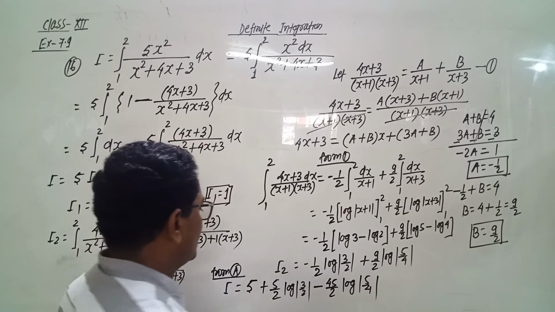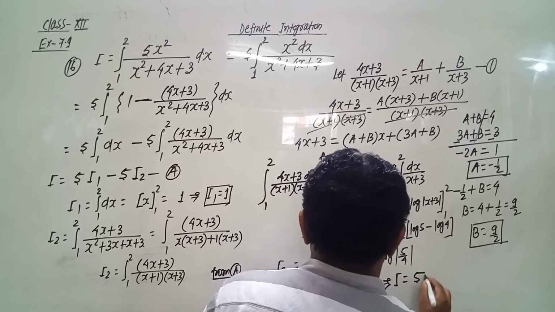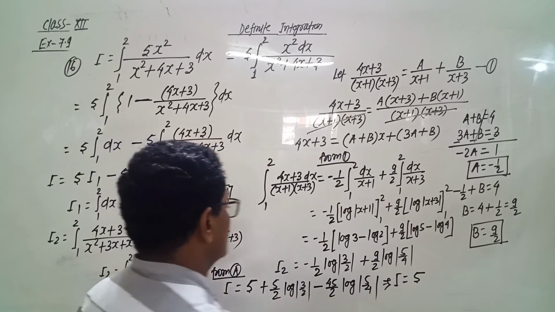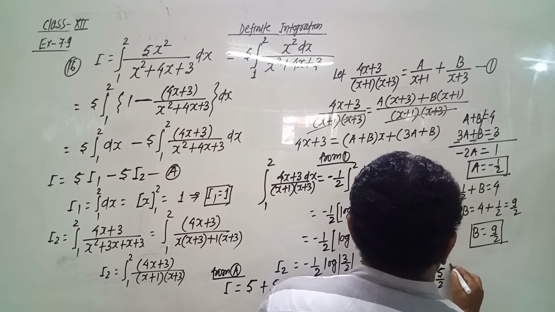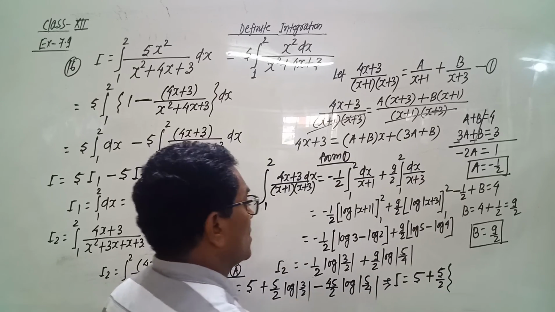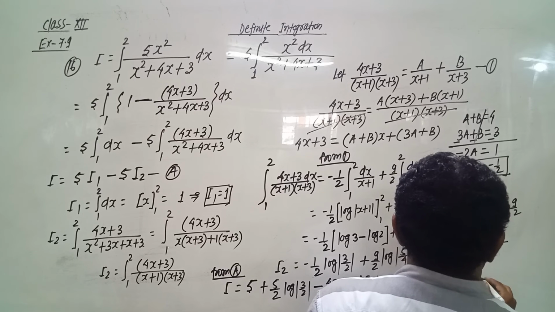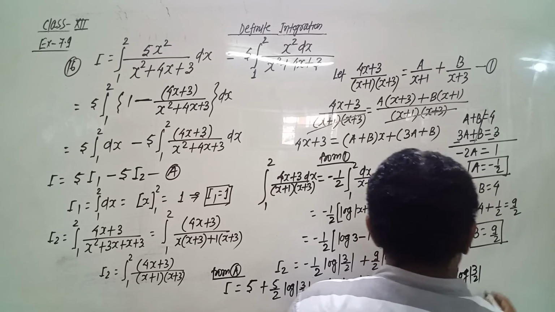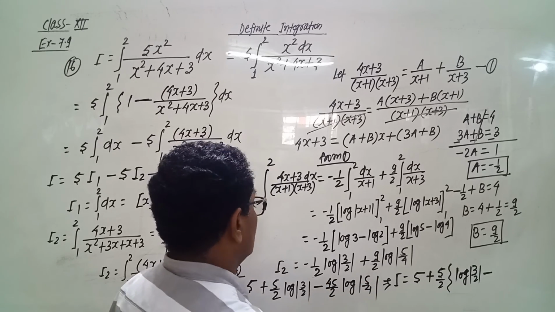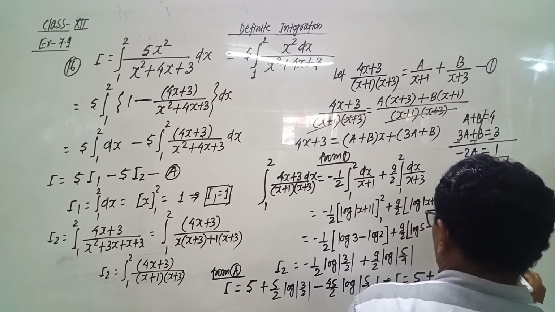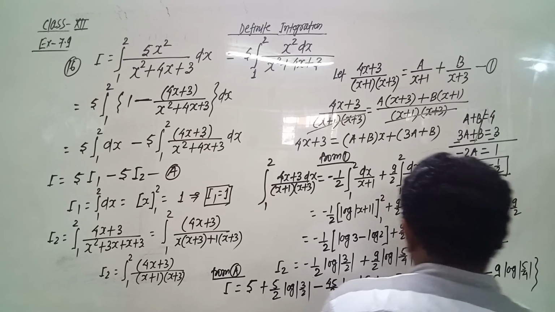We can also write I equals 5 plus, taking 5 by 2 common from these two terms, log 3 by 2 minus 9 into 5, 45, so 9 log 5 by 4. So this is the final result.